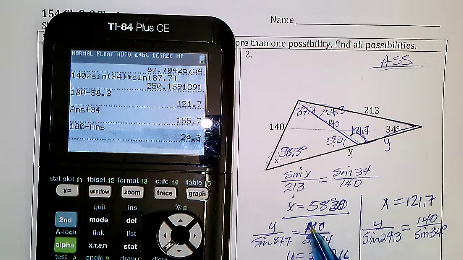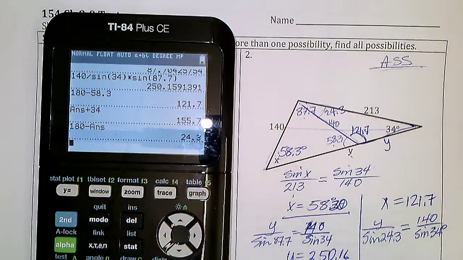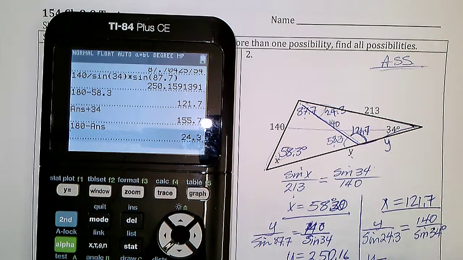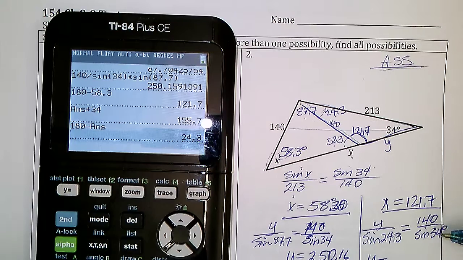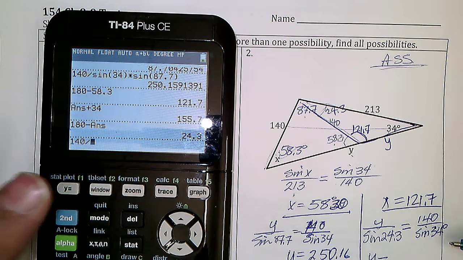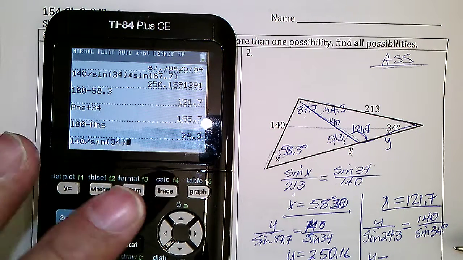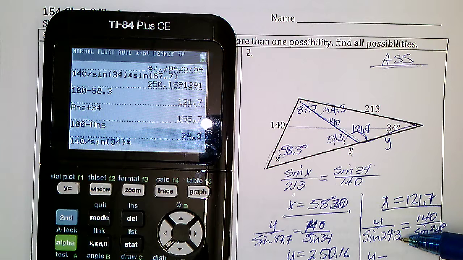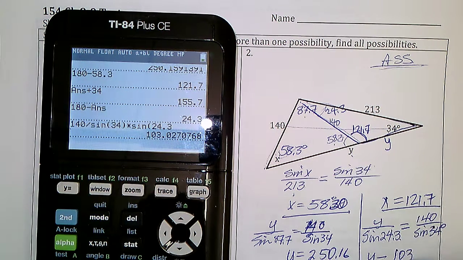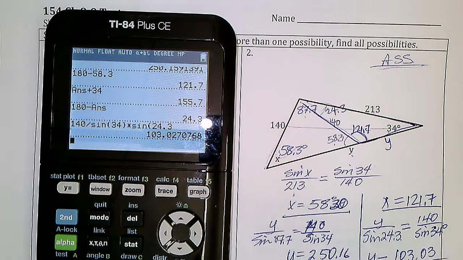So the new y for this possibility would be 140 divided by sine 34 times sine of 24.3. And that would be 103.03 if I carried it out that far.